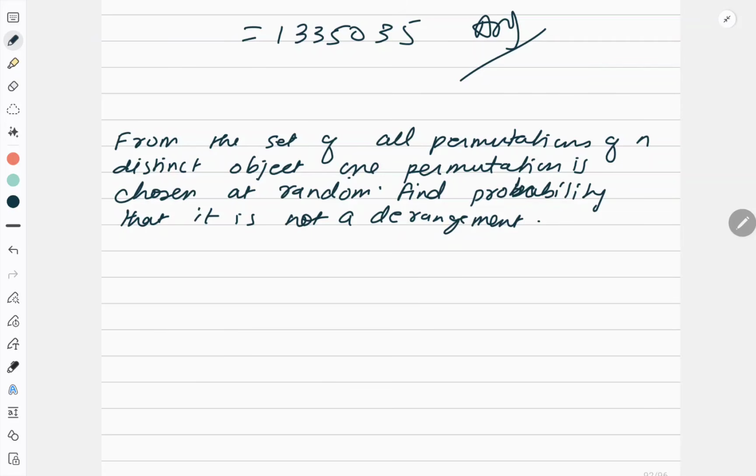So let me say I will find out, let it be a derangement. So not a derangement will mean what? Probability is 1 minus Dn upon n factorial. Now understand this formula. First, when I am saying what is the probability that it is a derangement, the total ways you can arrange is n factorial.